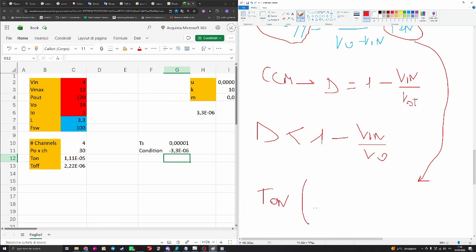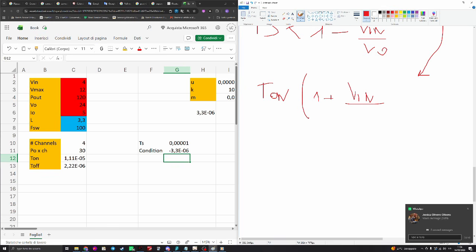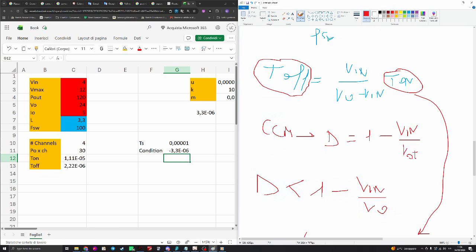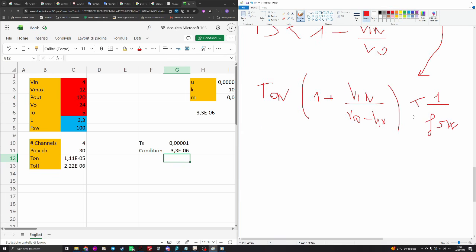So T on times 1 plus V in over VO minus V in has to be less than 1 over the switching frequency. Yeah, because this is easier to understand. So okay, this is way better.